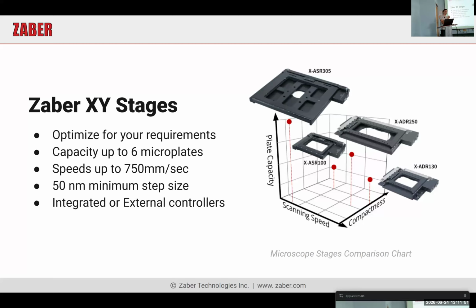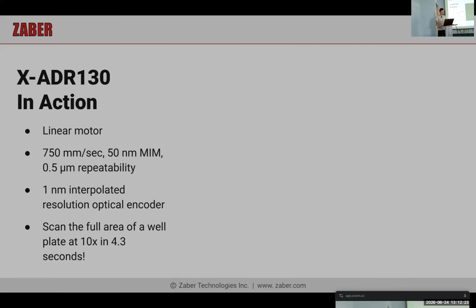The linear motor stages, the direct drive ones, are a bit more expensive, but way faster, way more repeatable, way more accurate. They are overkill for projects sometimes, but if you're doing really high resolution work where you need 50 nanometer type step sizes, or you need that really high speed, those direct drive linear motor stages are definitely the way to go.